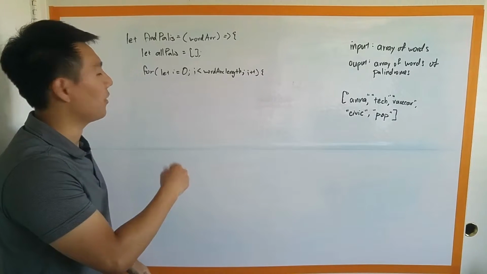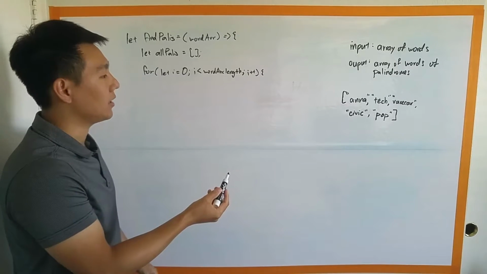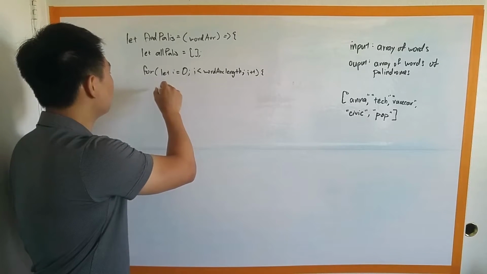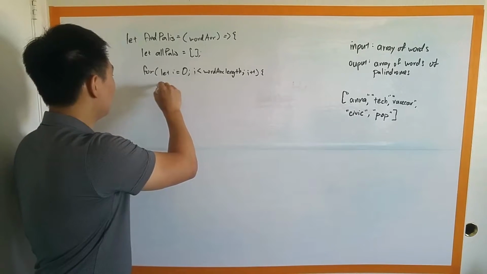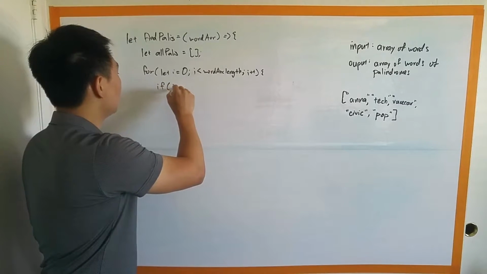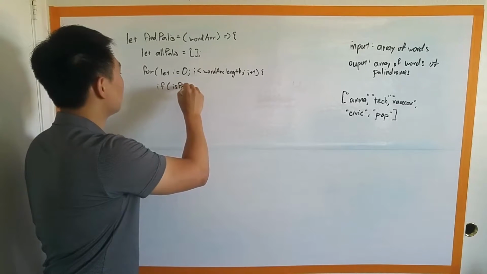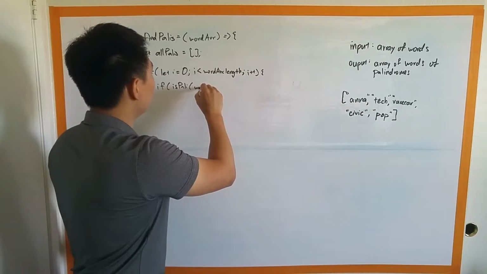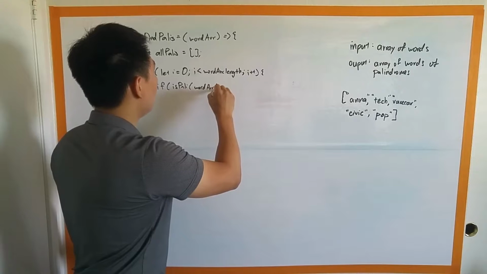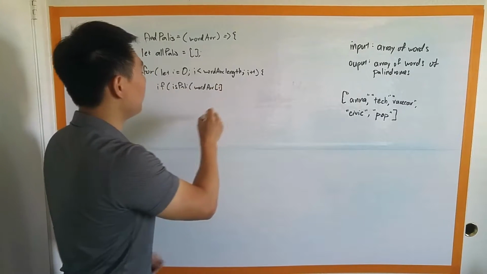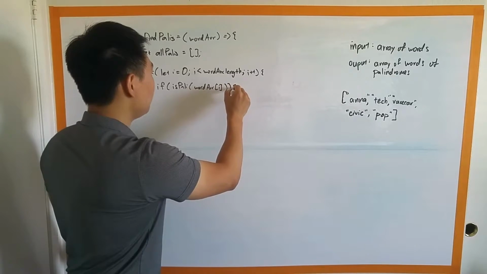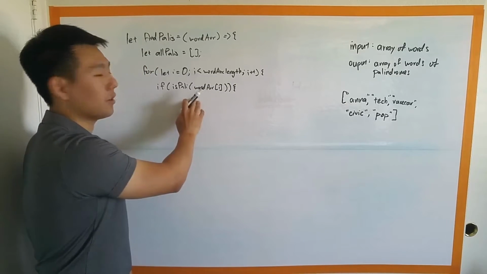We're gonna pretend that we already have one called isPally, which will tell us whether the word is a palindrome or not. And so pretty much we'll just do if isPally, and it'll take an input of the word. So we're going to do word array of I, because that will represent the word we're at. So if that is true, and so this function will return a boolean.